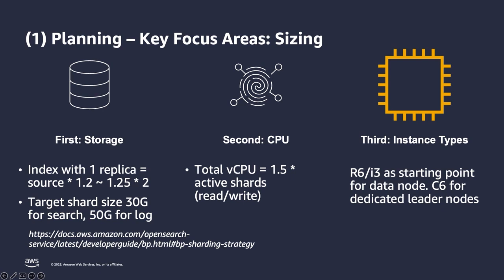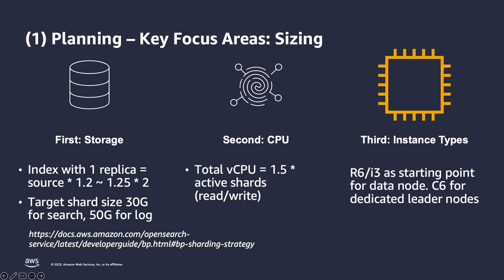The third sizing component that we need to decide is the instance type. Typically, customers start with R6 as a starting point for the data node. R6 is our latest instance family in Graviton that requires a minimum version of Elasticsearch 7.9 or OpenSearch 1.0.